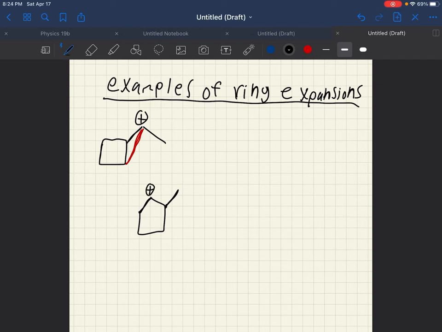But this is still not your most stable carbocation because once again we can have a hydride shift occur, which we haven't talked about yet, which could then attack here. And this could then turn into a compound that looks like this with your tertiary carbocation. So that's the most stable carbocation from this ring expansion.